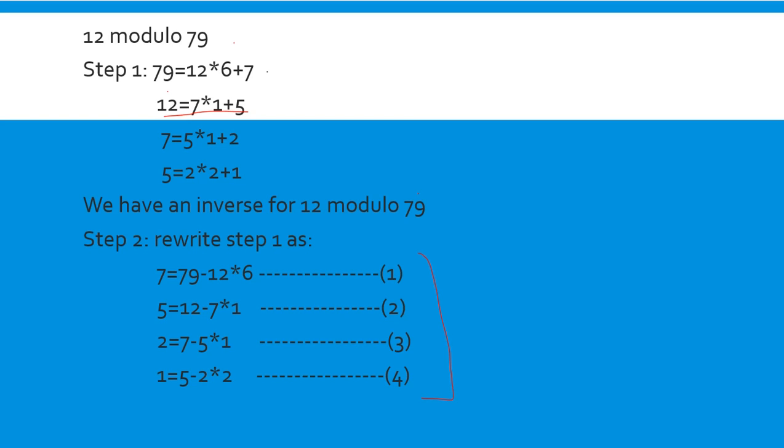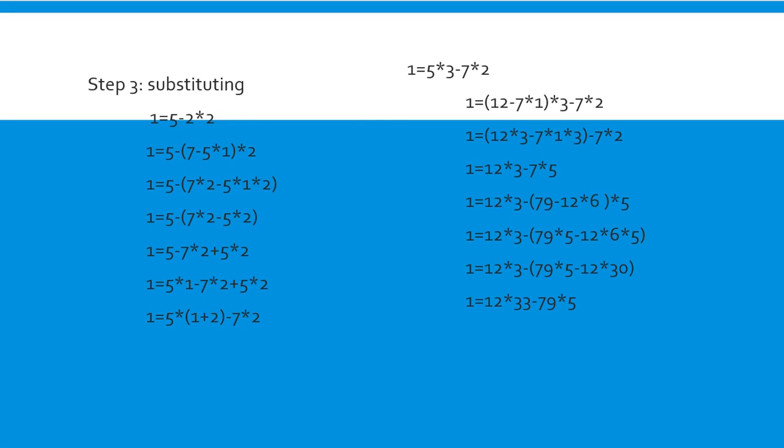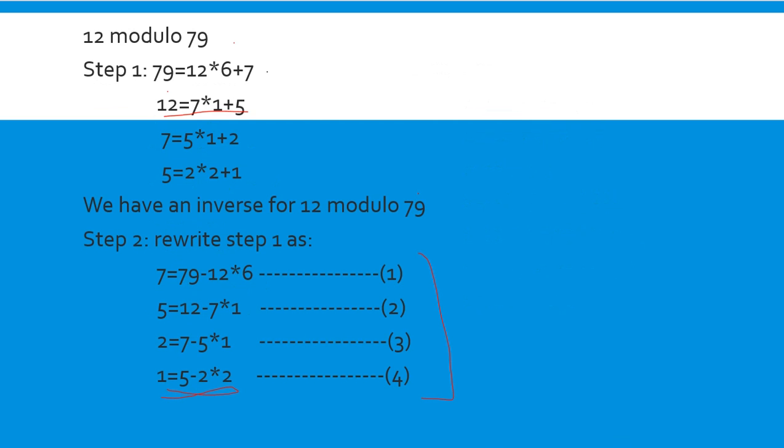Next step is substituting. What we are doing in this step is, first you are considering the least equation, or the equation having 1. You are considering this equation and you are writing over here like this: 1 is equal to 5 minus 2 into 1.